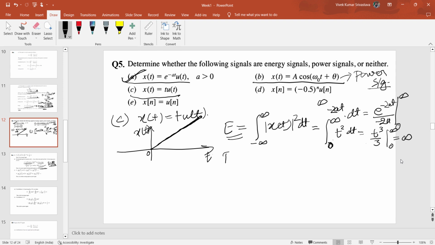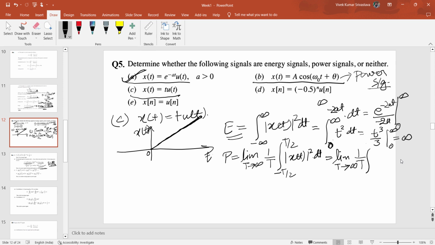Okay, so now let us move ahead and find the power contained by this signal. So here limit t tends to infinite 1 by t integral minus t by 2 to t by 2 mod of x of t square dt. So we will evaluate this integral first of all and see whether the power is finite or not.